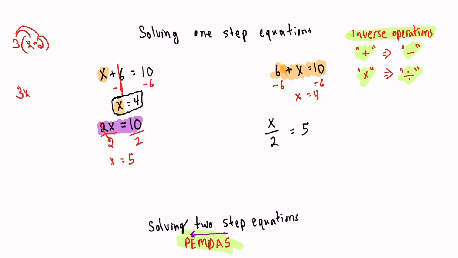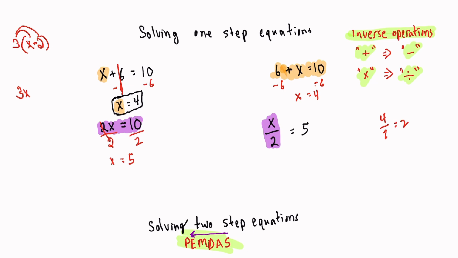On the other side, though, we have x divided by 2. Whenever we have a variable over a number, it's going to be division, same as a fraction, like 4 over 2, it's going to be a 2. So whenever we have something that looks like a fraction, that's division.